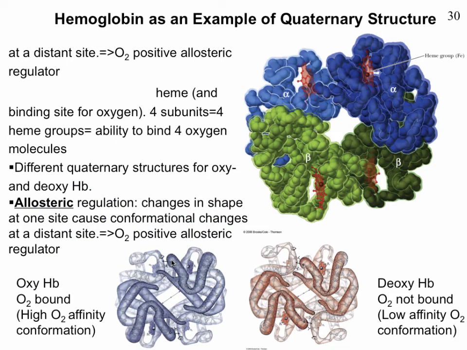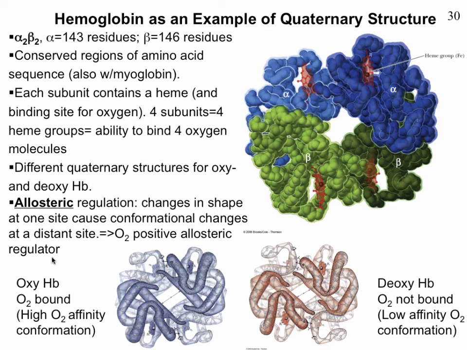So now we're going to talk about hemoglobin as an example of a quaternary structure. This I think is so cool. Hemoglobin has 2 alpha subunits and 2 beta subunits. The alpha has 143 residues, the beta has 146 residues, and these subunits are conserved.